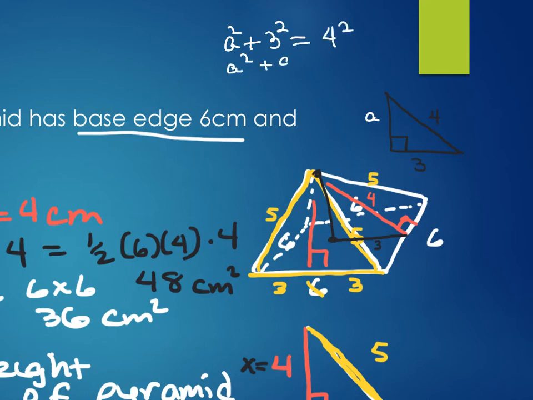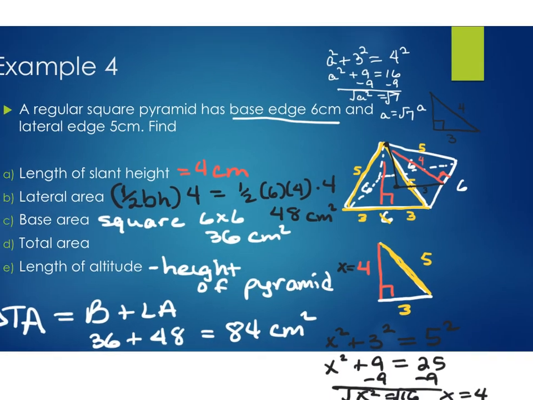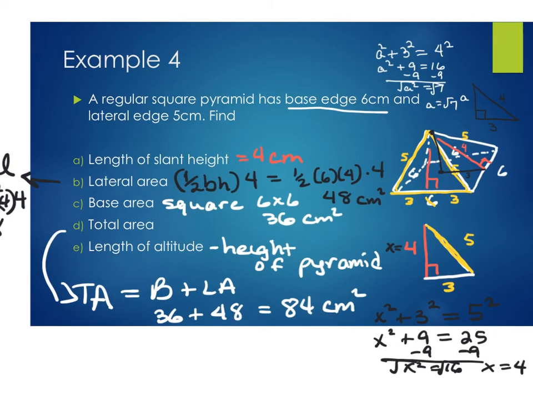A squared plus 9 equals 16. Subtract the 9. A squared equals 7. Square root it, and my altitude is the square root of 7. So the length of the altitude is the square root of 7.